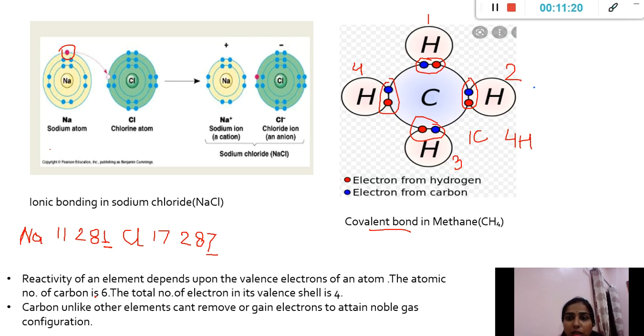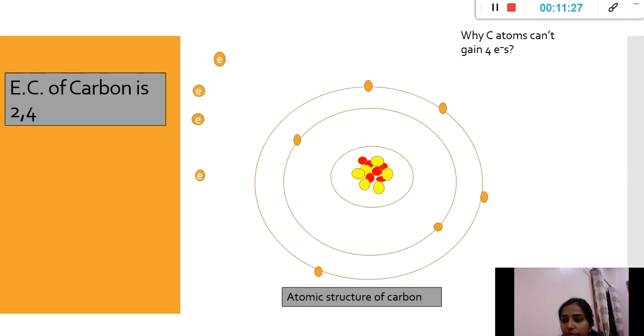But how does it attain the noble gas configuration? A common question arises in mind: why can't carbon atoms gain 4 electrons?